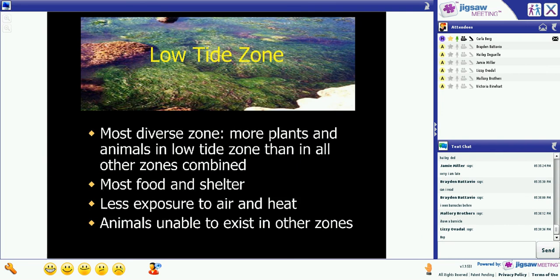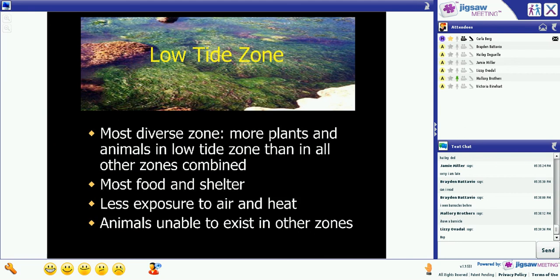Would anyone like to read about the low tide zone? Mallory, go ahead. Most diverse zone. More plants and animals in the low tide zone than in all other zones combined. Most food and shelter. Less exposure to air and heat.